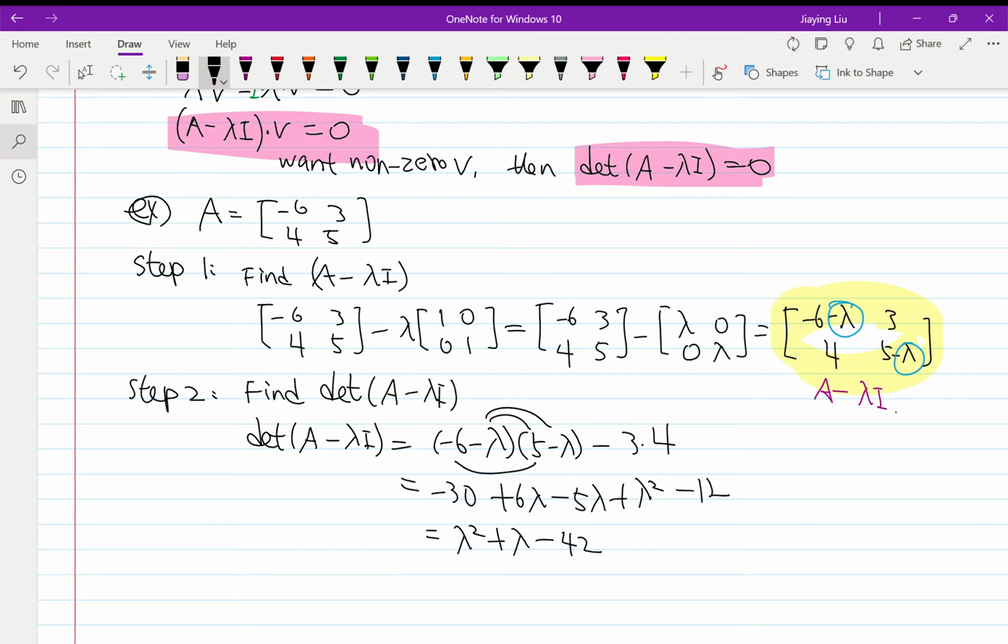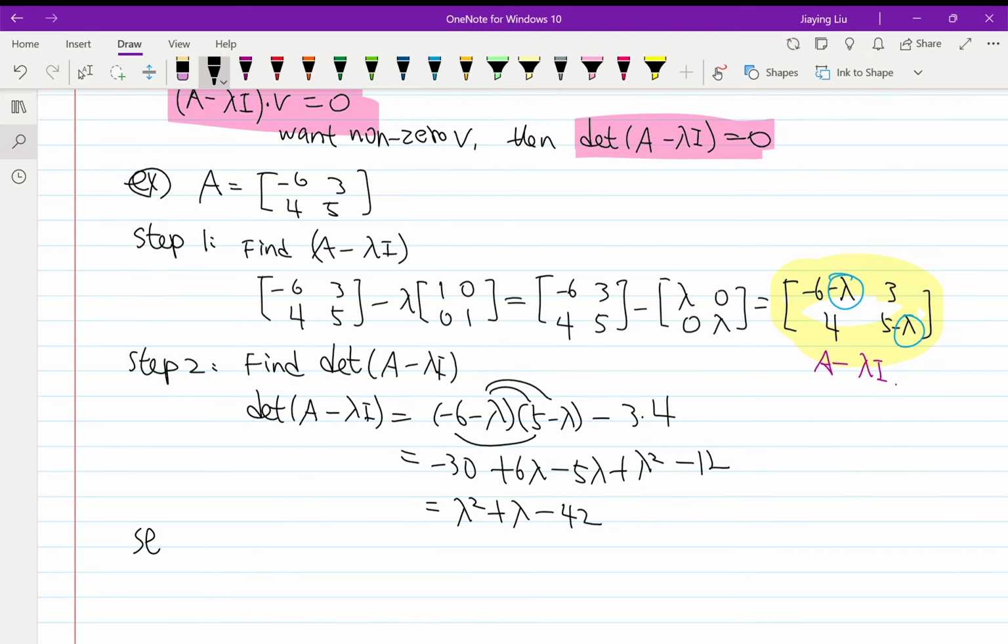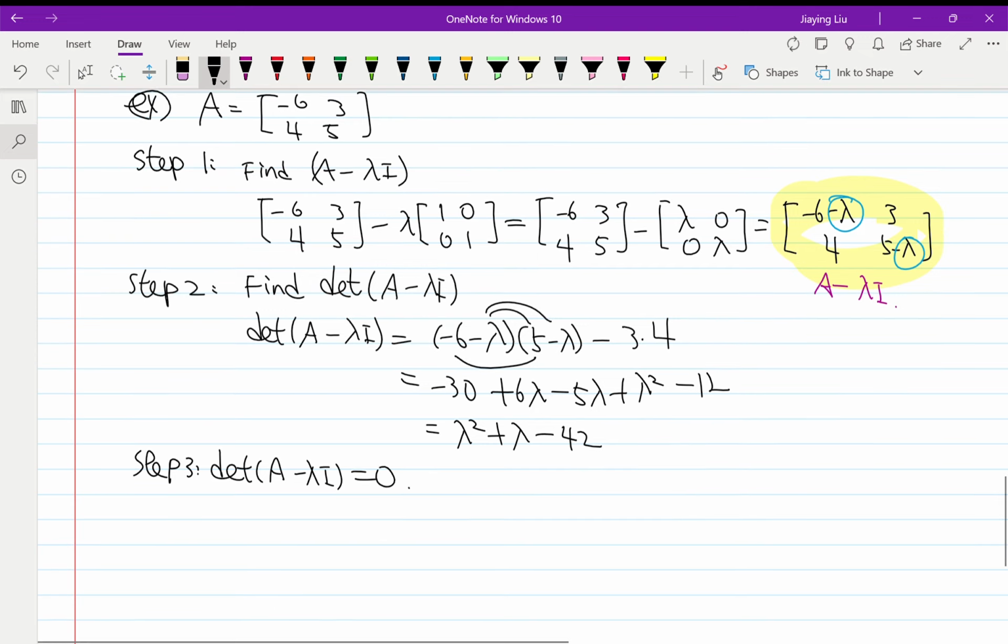And then we want to find the lambda, but we must make sure that the determinant of A minus lambda I is 0. We're going to set this quadratic expression equal to 0. So step 3, determinant of A minus lambda I equals 0. That will give us lambda squared plus lambda minus 42 equals 0.